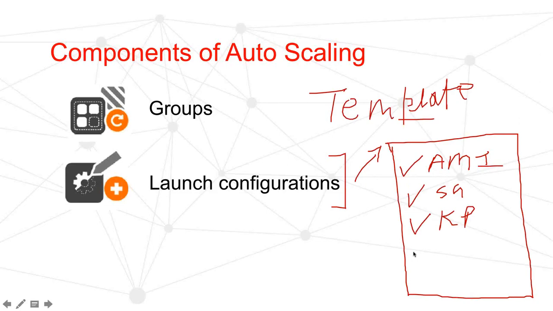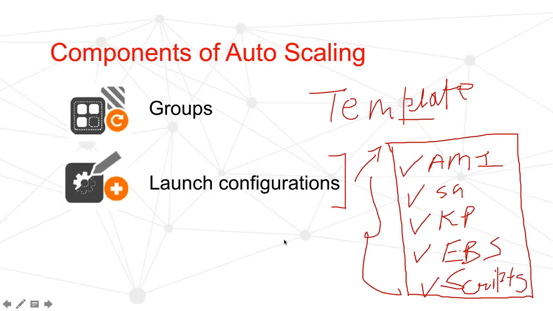What would be the EBS volume assigned to it? What are the scripts you want to install on the instances? All these things you define as a template called launch configuration. And this template called launch configuration is applied to your groups.